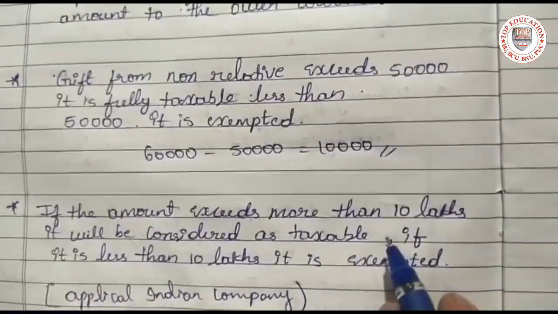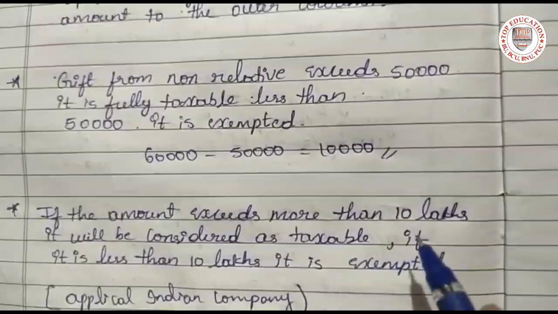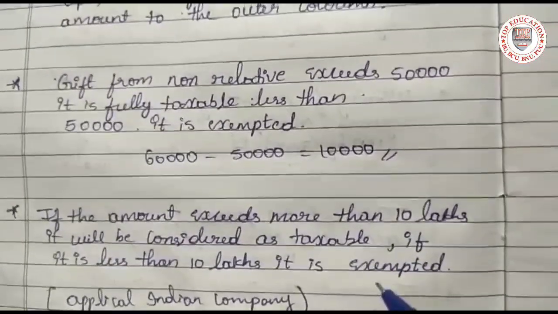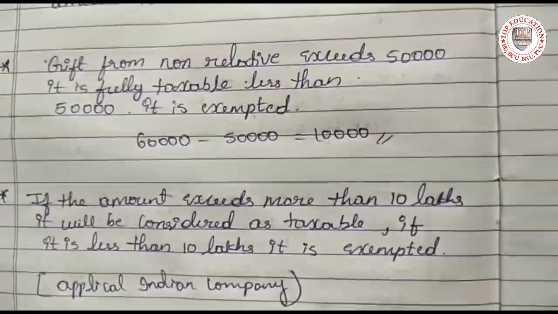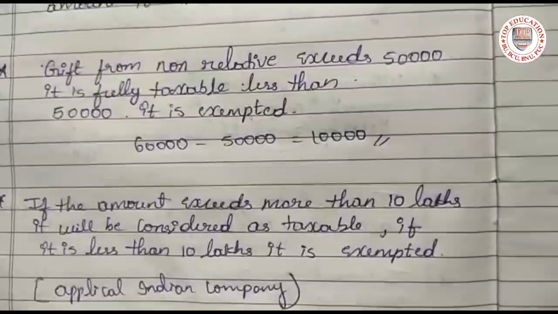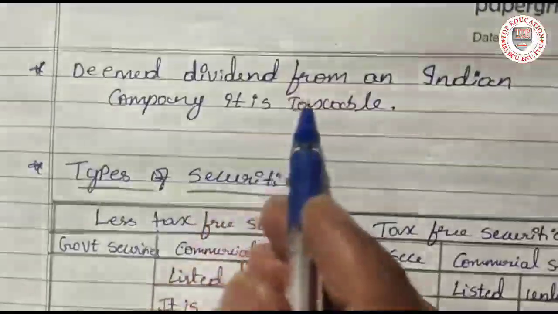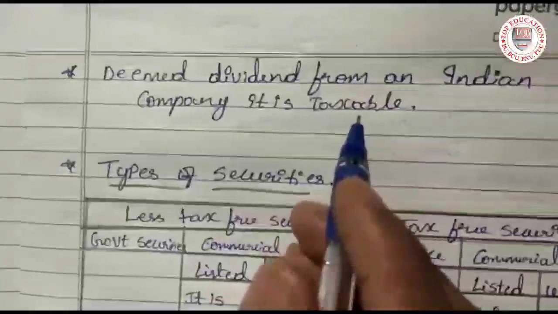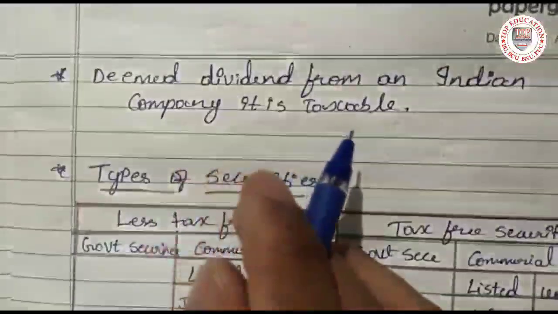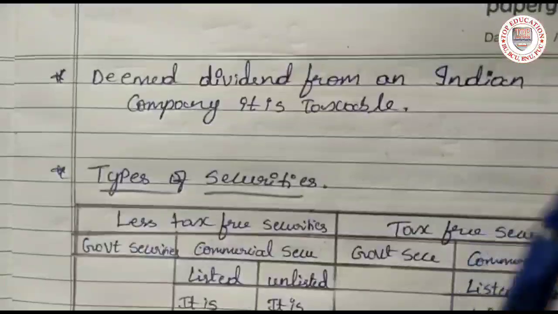If an Indian company receives more than 10 lakh dividend, then it is considered as taxable. If it is less than 10 lakhs, it is exempted. Next, deemed dividend from an Indian company, it is completely taxable. Whatever the amount they give, you should consider that to the outer column.